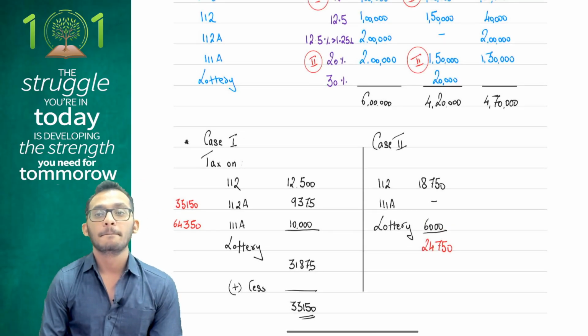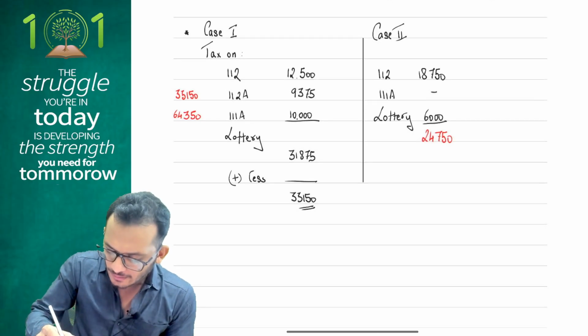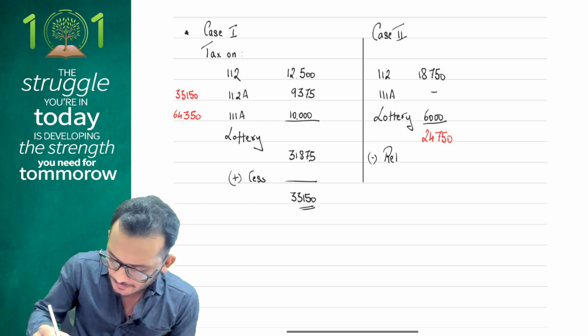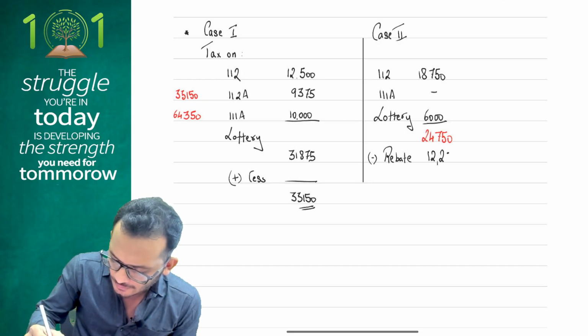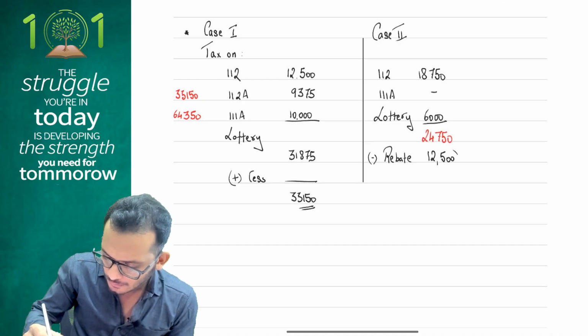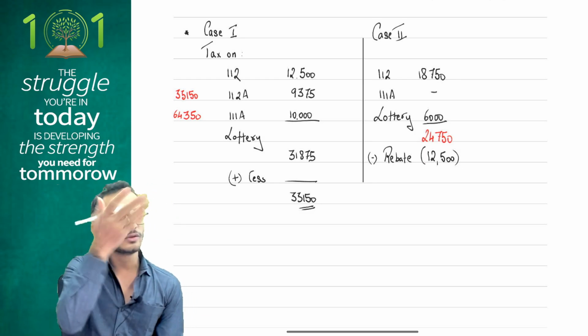But people, before I started, I saw the income is 4,20,000. I am poor. Eligible for rebate. Now carefully, I am eligible for rebate. Number is 12,500. Notice my tax liabilities, people. I only have 112 and lottery. Both are eligible for rebates.